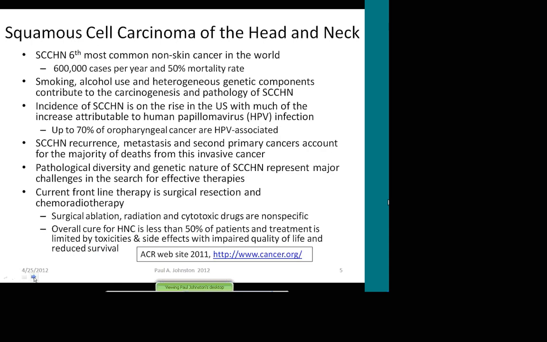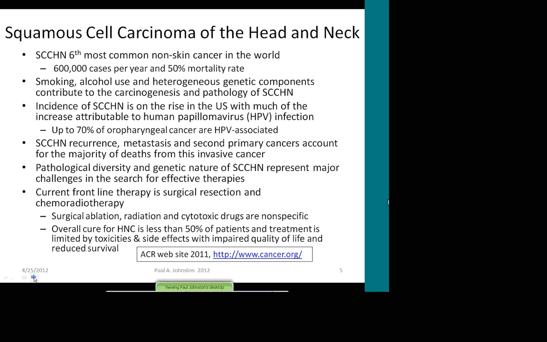Now, we're going to focus primarily on head and neck squamous cell carcinoma. There's a little bit of background taken from the AACR website, 2011, on head and neck cancer. It's the 6th most common non-skin cancer in the world. There are approximately 600,000 cases per year with a 50% mortality rate.